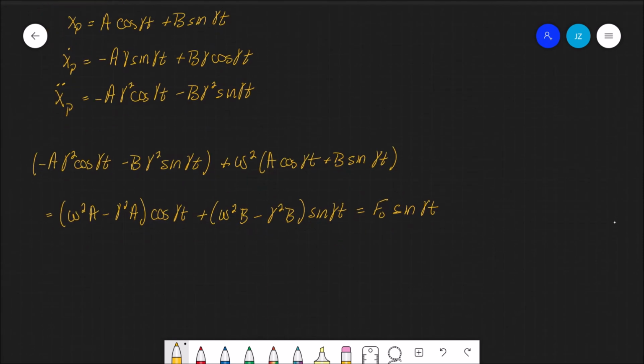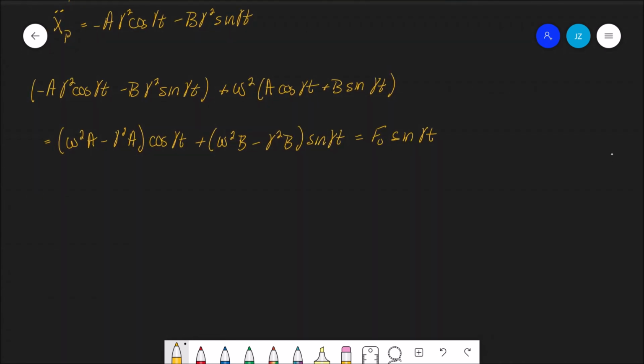This will give us a system of equations. We get omega squared a minus gamma squared a is equal to 0, and omega squared b minus gamma squared b is equal to... This first equation implies that a has to be 0. I'm sorry, this is not 0. The second equation is f naught.